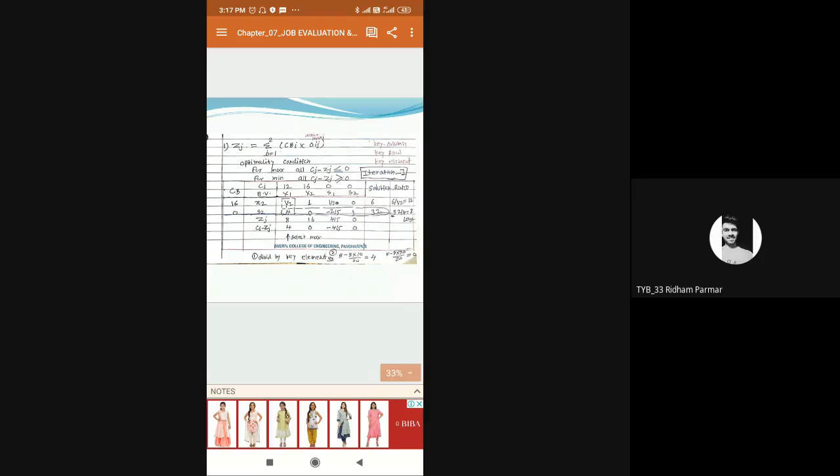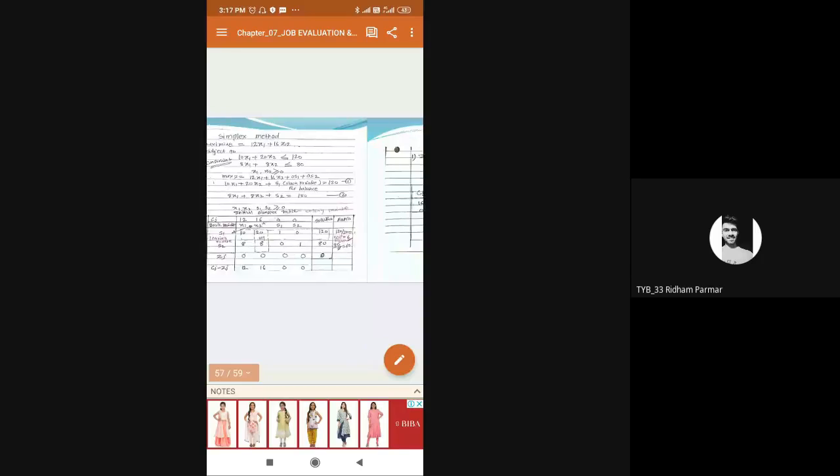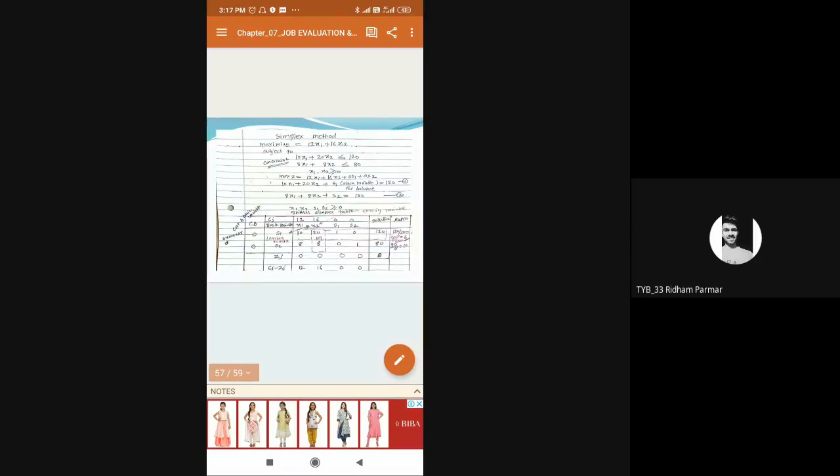Okay. Similarly, you can calculate here also. Similarly, in the solution value also you can calculate. What is the row value here? Here the row value is 80.